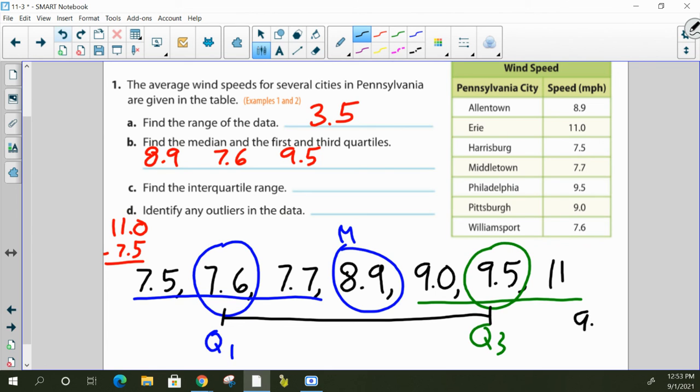So you're going to do quartile 3 minus quartile 1. 9.5 minus 7.6. Use your calculator if you would like. You end up with 1.9. So our interquartile range from quartile 1 all the way to quartile 3 is just 1.9. Not 5, 1.9.